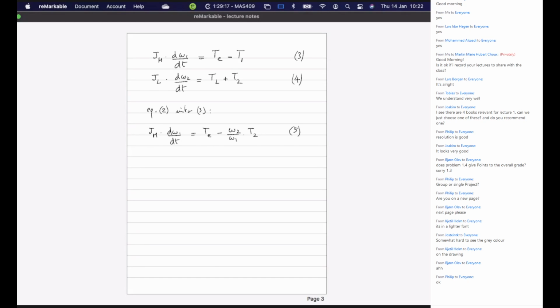And now if we use equation 4, then I can use T2 as a function of TL and JL.